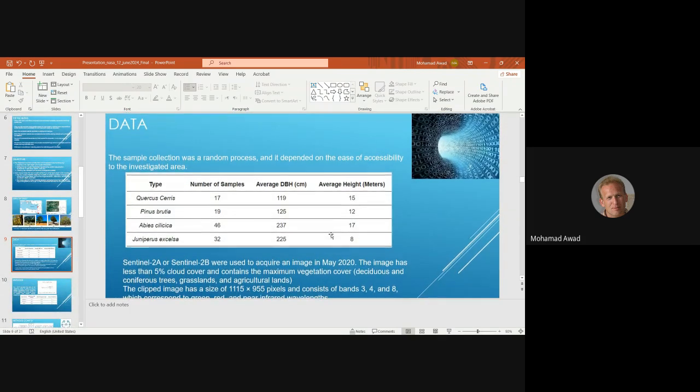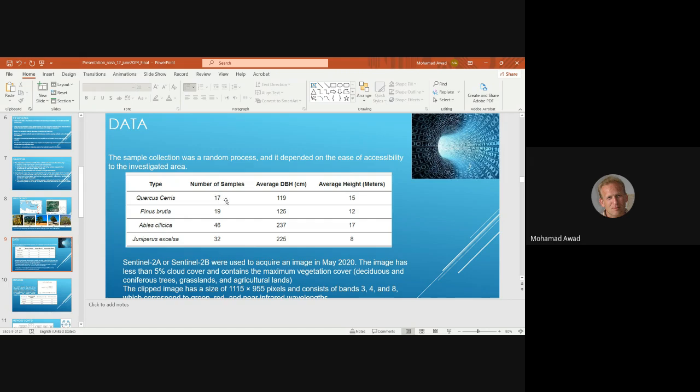We collected data samples from the field, and this represents the different types of forest that exist in the area of study, except Lebanon cedar, because it was prohibited to access the area or to take any samples from there.